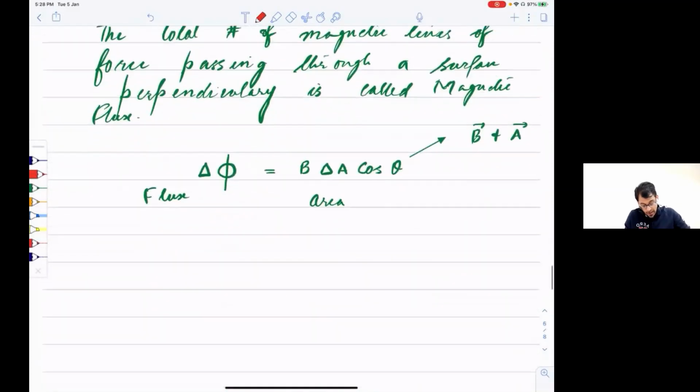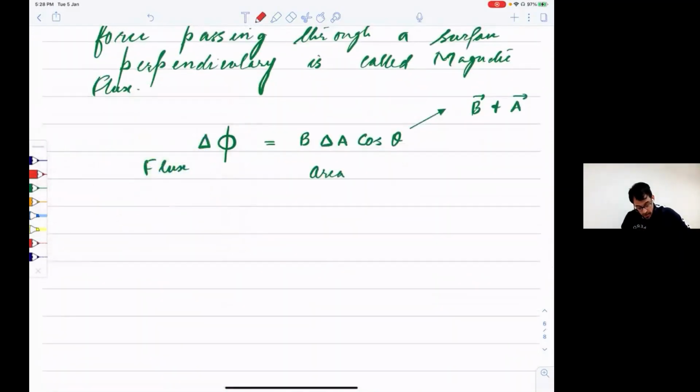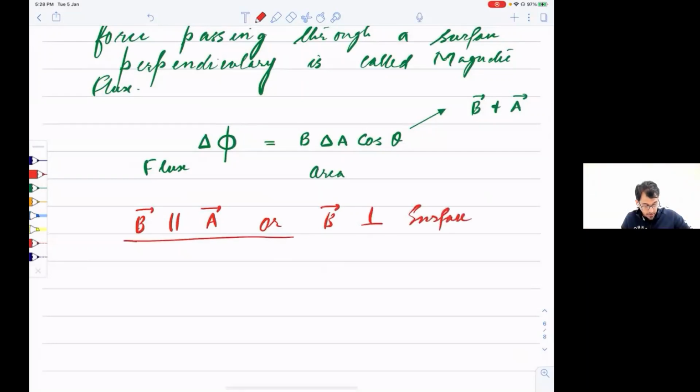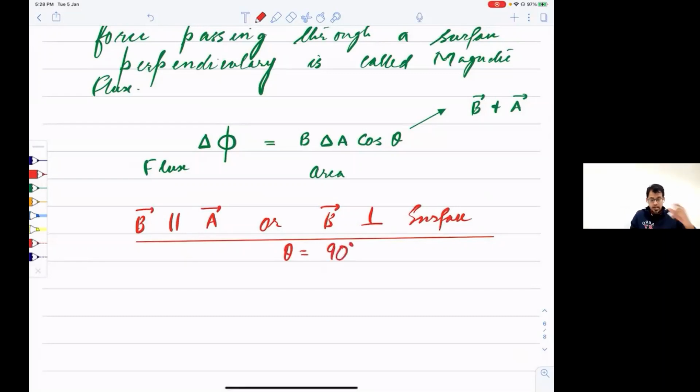That is why if B is parallel to area or B is perpendicular to the surface, both are one and the same thing. It means that theta will be 0 degree.